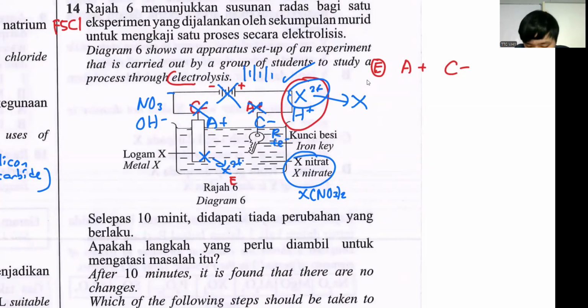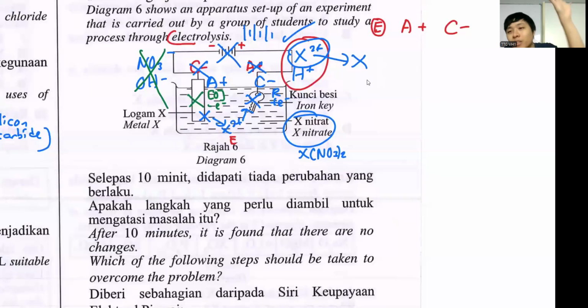That's why the iron key will be coated by X metal, which is copper metal. Then between these two ions, we don't choose, because metal X is the active electrode. Metal X, which is copper, becomes X2 plus by undergoing oxidation, releasing electron.